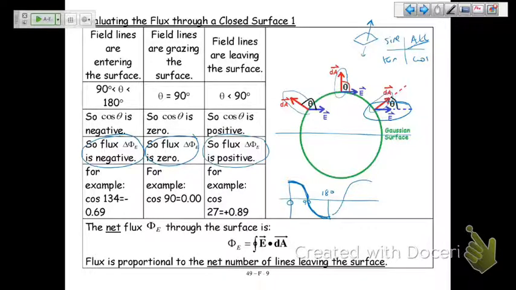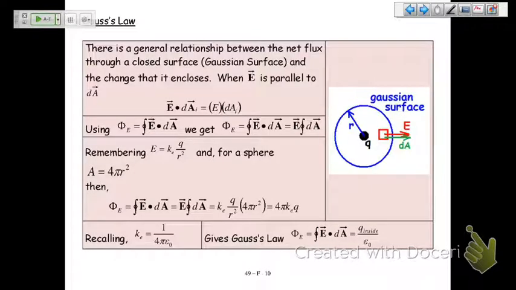Agreed? So what we say is the net flux, the overall flux through the surface, is the sum, the integral of E dot dA. And remember that flux is proportional to the net number of lines leaving or entering the surface. So we're going to do sums on this.